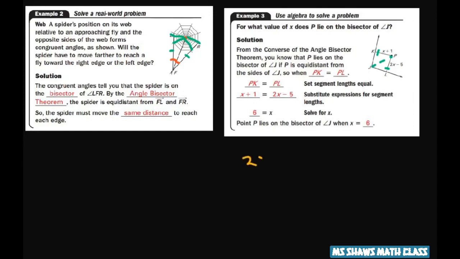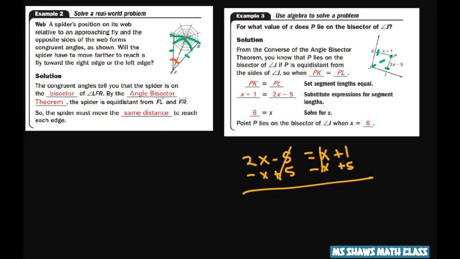We have 2x minus 5 equals x plus 1. Subtract the x from both sides and add the 5. And these two will cancel, so you get x equals 6. So when x is 6, P lies on the bisector of angle J.